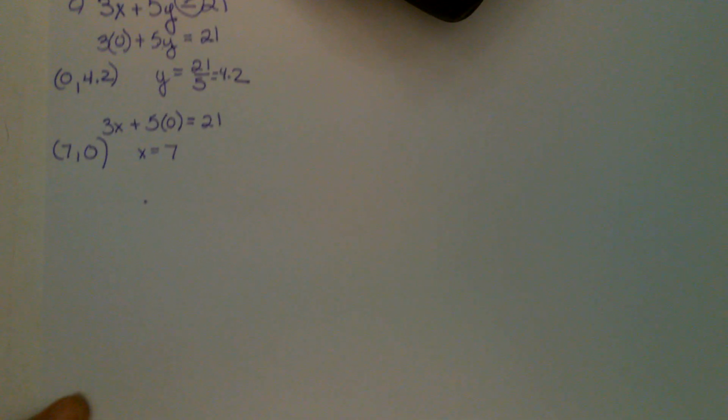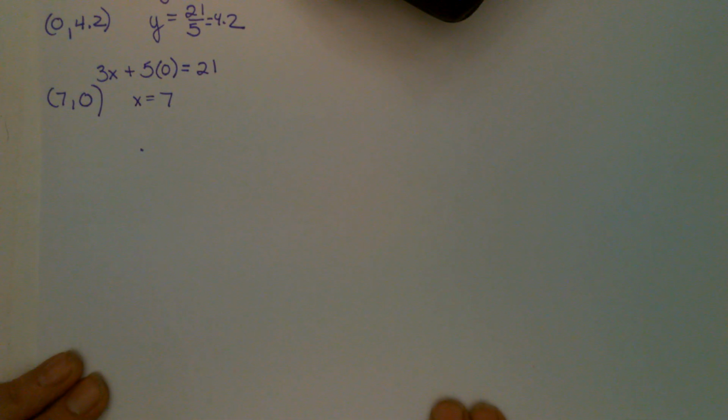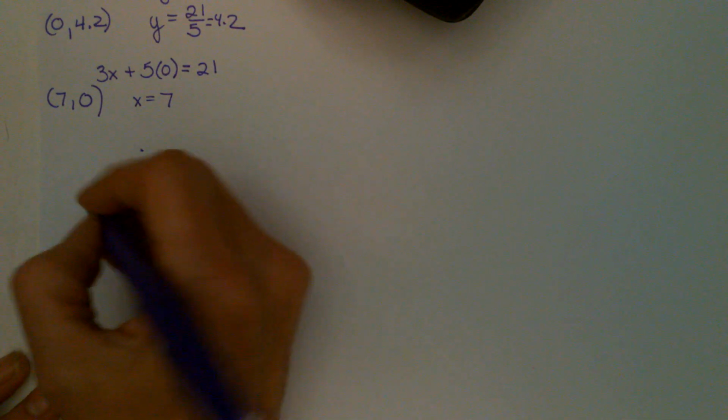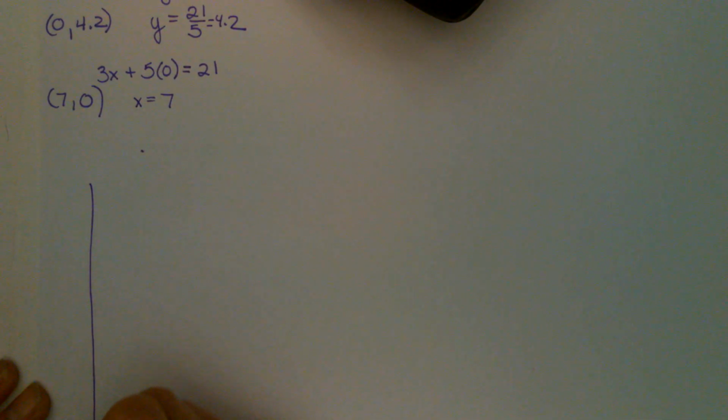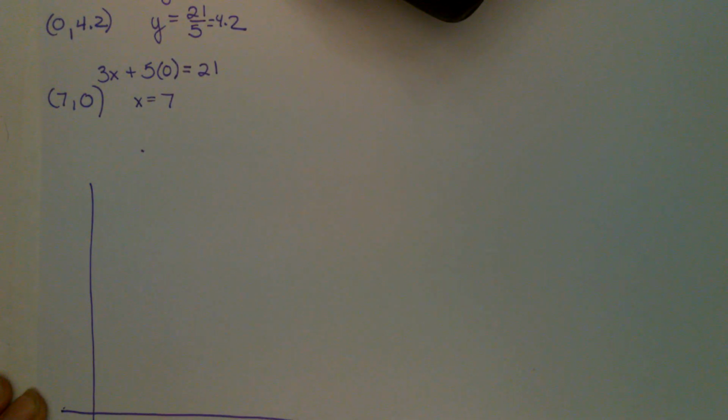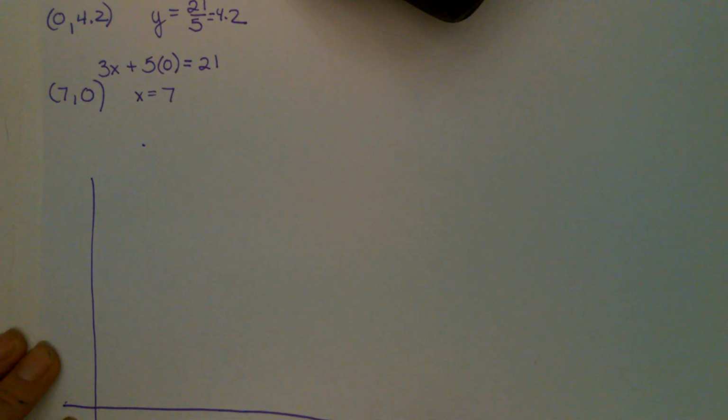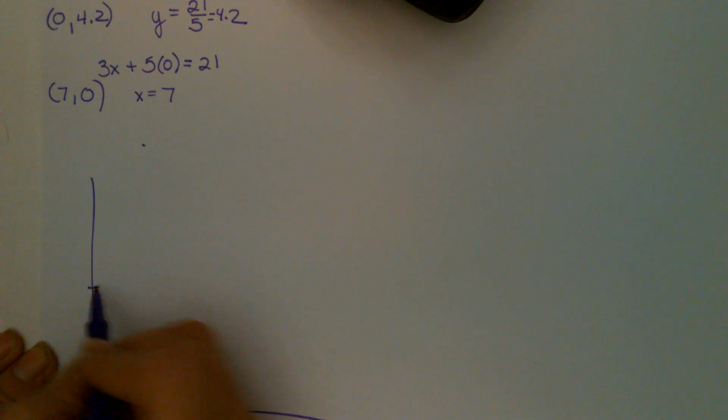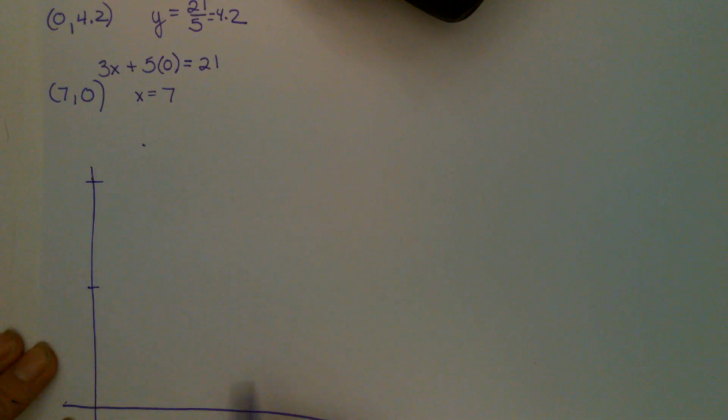I'm going to slide this up a little bit. Now this one is interesting to graph. We know that everything's going to be in quadrant 1 because x is greater than 0 and y is greater than 0. I also need some room, so I'm going to say that 5 is there and 10 is there, and 5 is there and 10 is there.